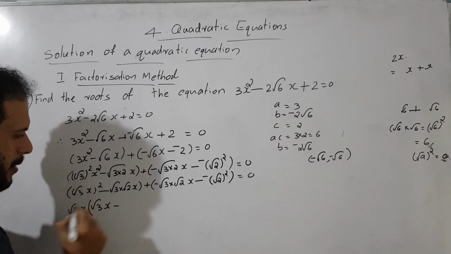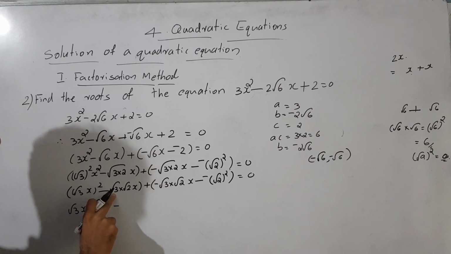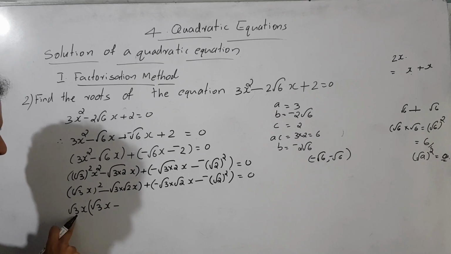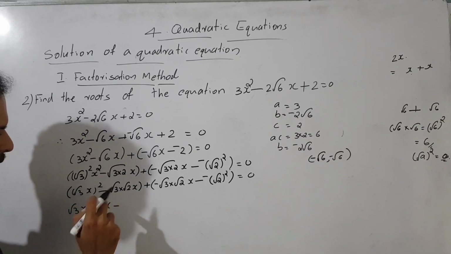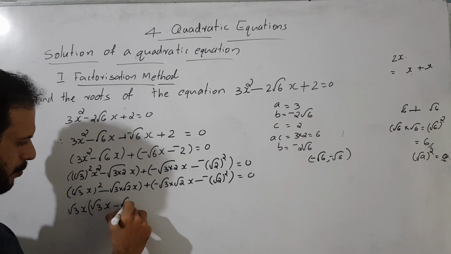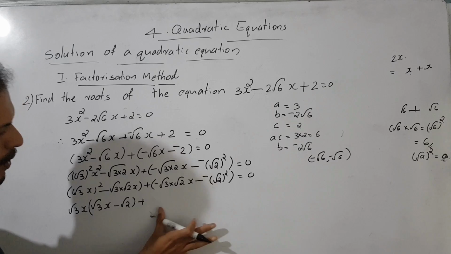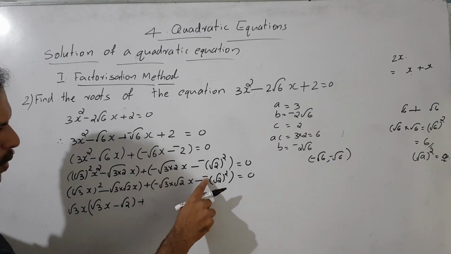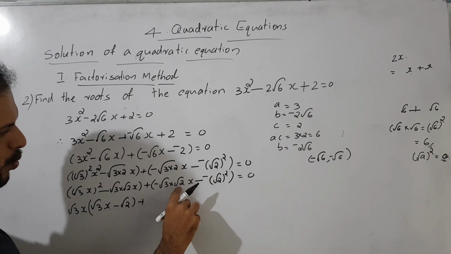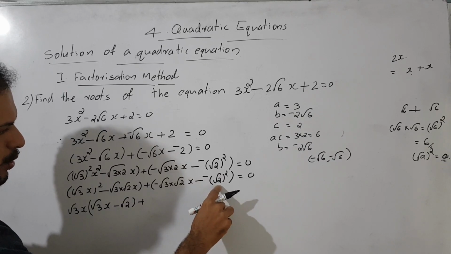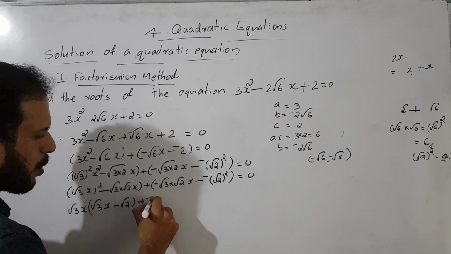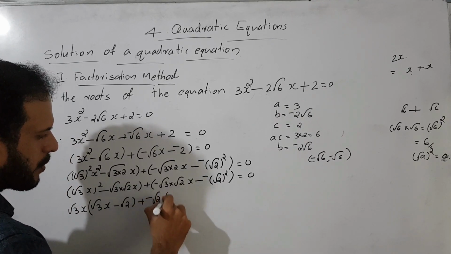√3x minus, here only one √3 we take out, and only 1x we take out. Then what is the remaining? The remaining is only √2. What is common here? Minus is common, and here we have 1 √2, here we have 2 √2. Then minus √2 is common.